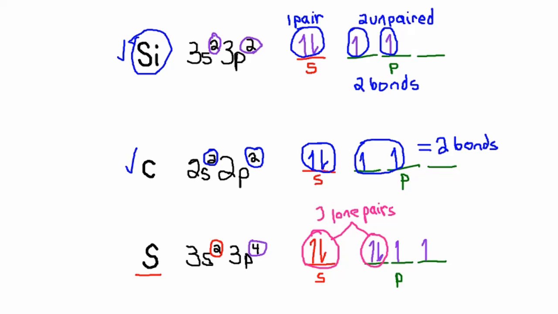There's two, because there's two sets. There's one pair and there's two pairs. So two lone pairs. And then P has left over these lonely guys, these unpaired electrons, and that's two unpaired electrons, which means it can form two bonds.